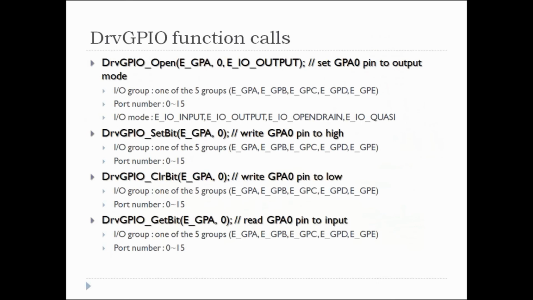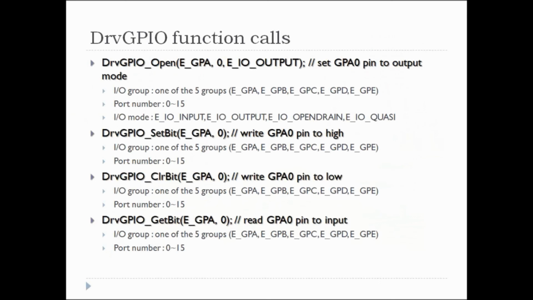If you configure the pin as open drain mode, the argument is E_IO_OPENDRAIN. If you configure the pin as quasi-bidirectional mode, the argument is E_IO_QUASI.